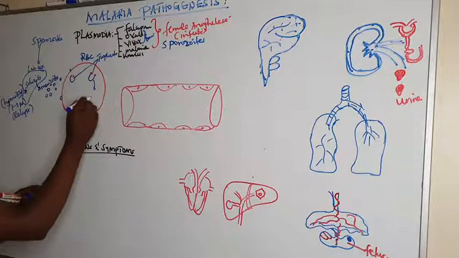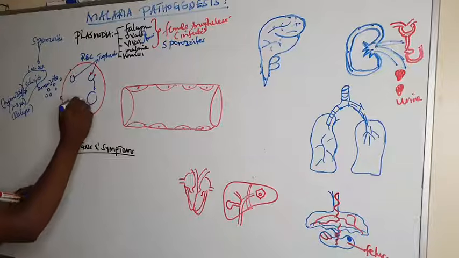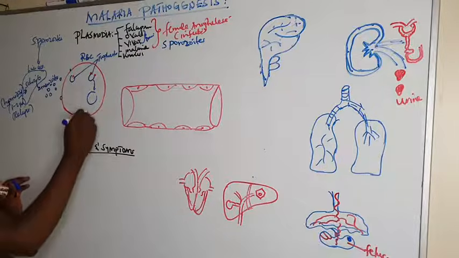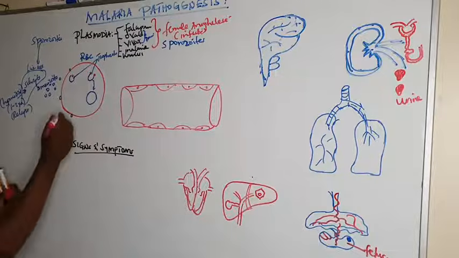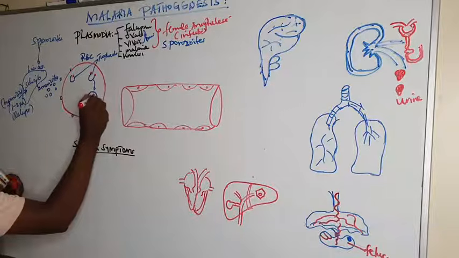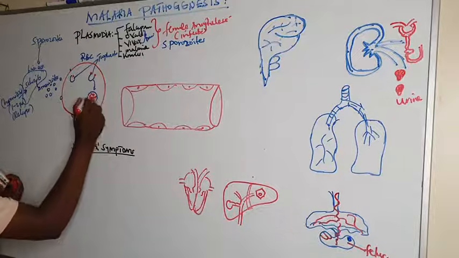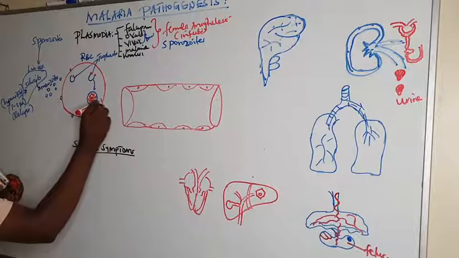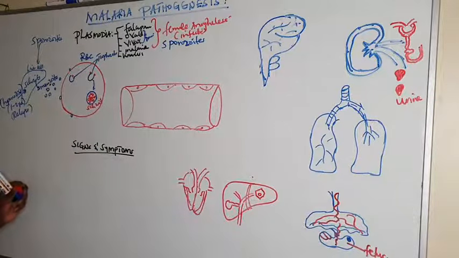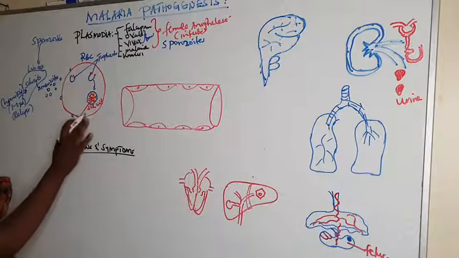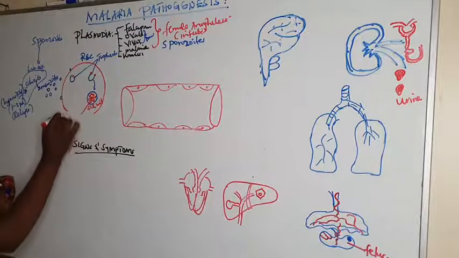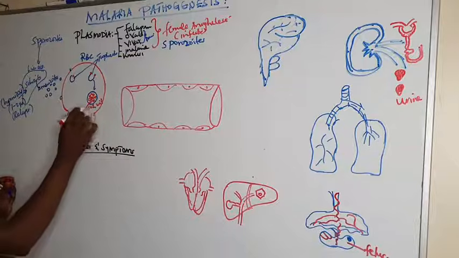So these trophozoites, which are the ring forms, mature into what we call schizonts, depending on the species, and these schizonts contain multiple merozoites. So this is the schizont within the RBC. And these schizonts, after maturing, rupture together with the RBC. So we are going to see the RBC together with the schizonts undergoing rupture.